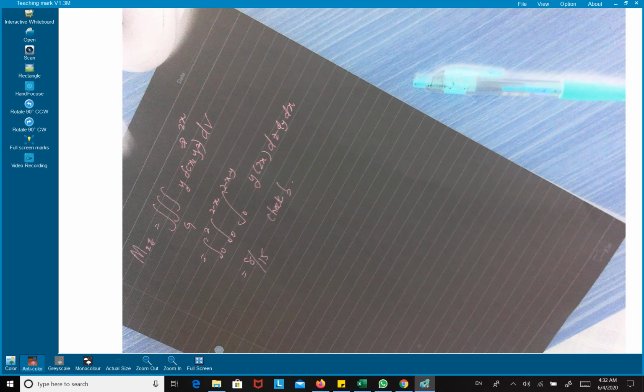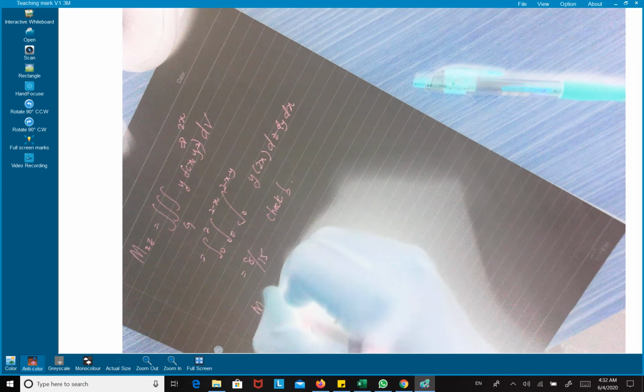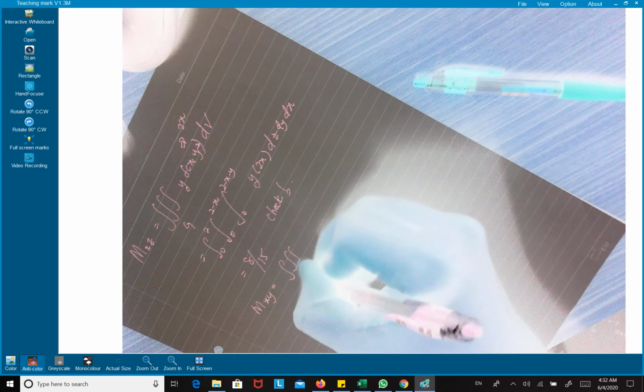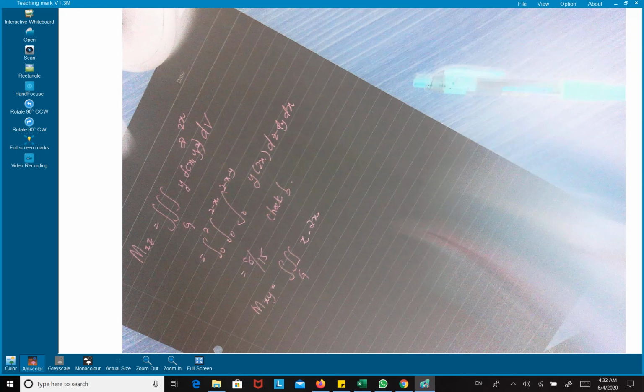Then for Myz, the answer is 8 over 15. So Myz, Mxz, then Mxy will be the triple integral over G of x times the density, again type 1.